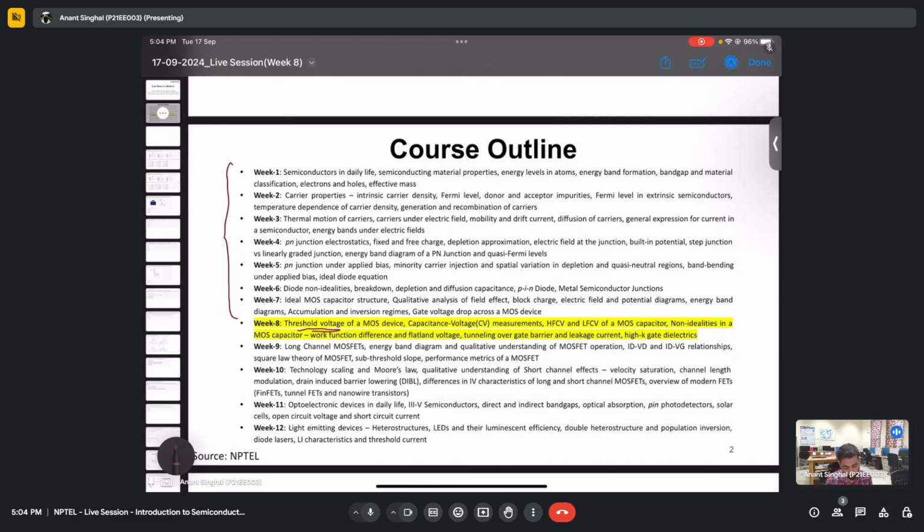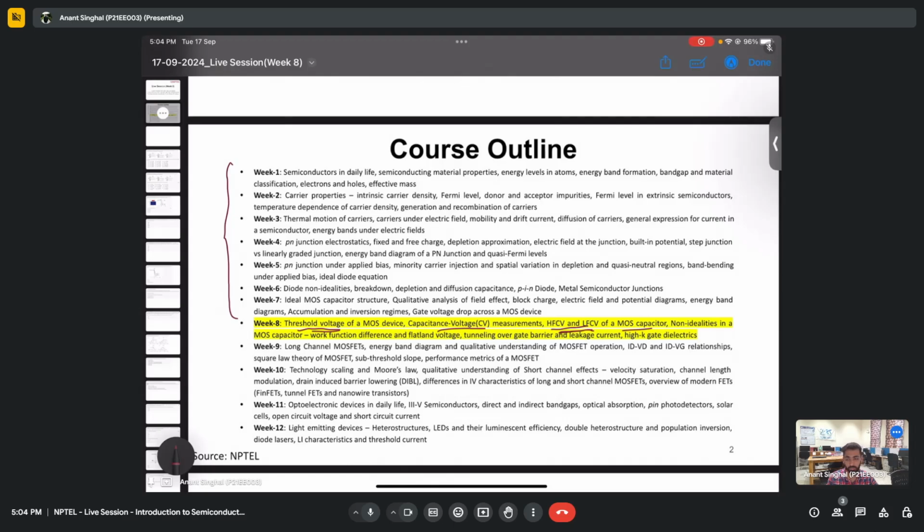Then we'll be seeing the CV measurement. We did discuss the CV plot, how it comes, like the U-shaped plot for the CV curve. And now we'll be doing it for high frequency and low frequency CV analysis for a MOS capacitor. Like what basically changes in the CV characteristics if we have a high frequency or a low frequency.